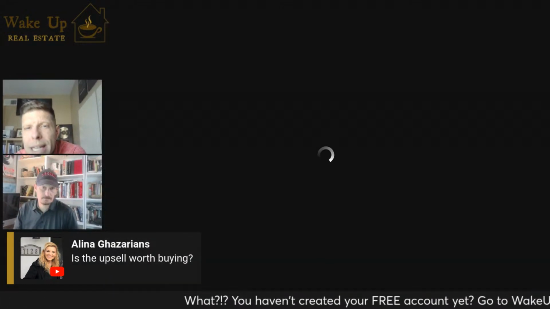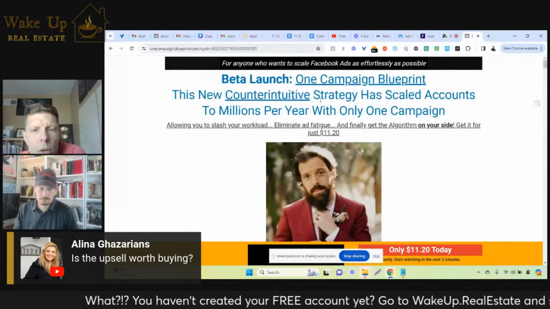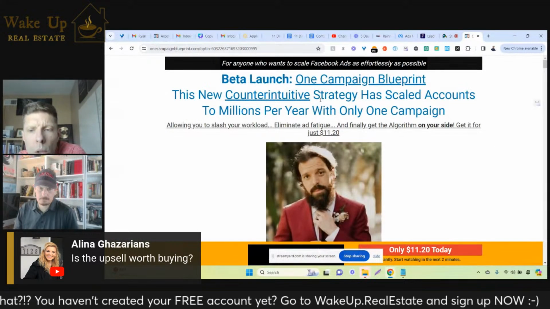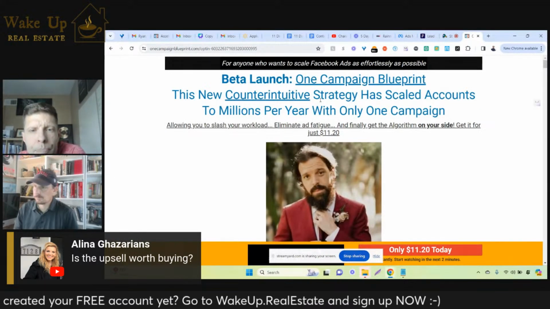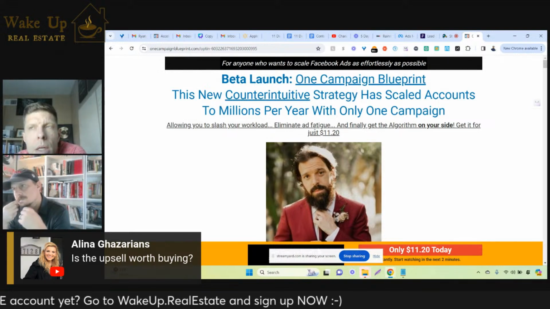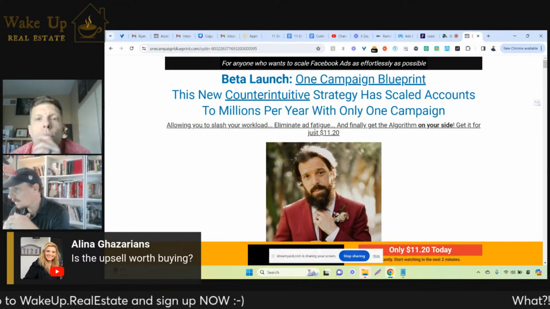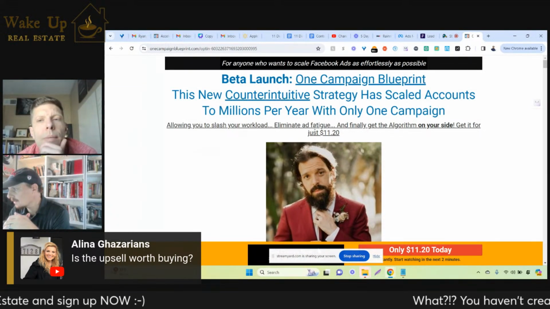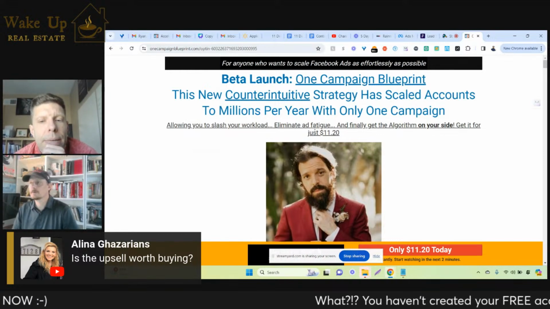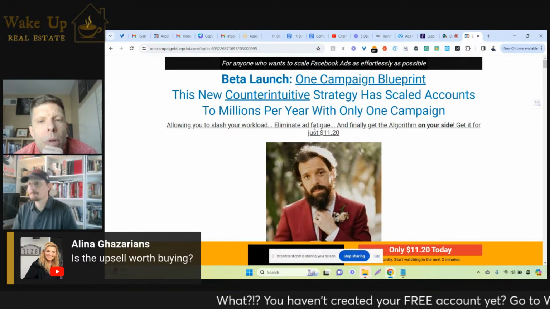So here, I think, is potentially the biggest takeaway for local real estate ads: the driving down of the cost per lead. Yeah.